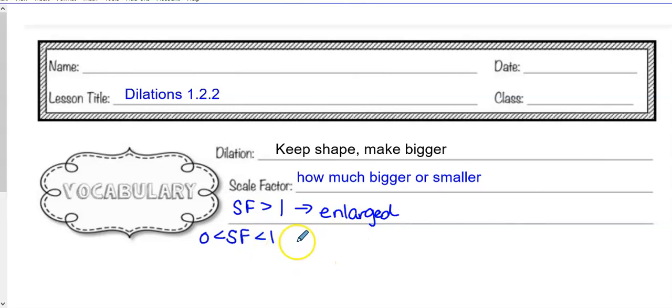But if it's between 0 and 1, that means the figure is going to be reduced, or it's going to be what we call a reduction. So reduce means make smaller, enlarge means make bigger. And the scale factor is always in terms of multiplication.